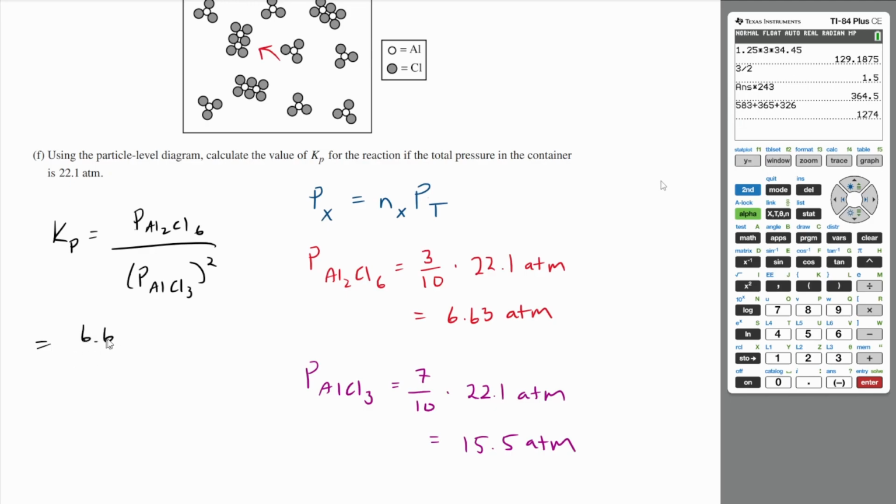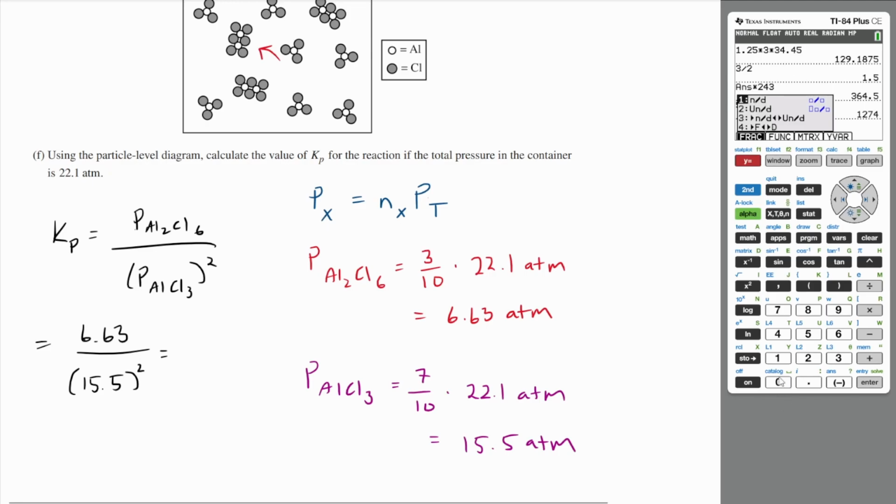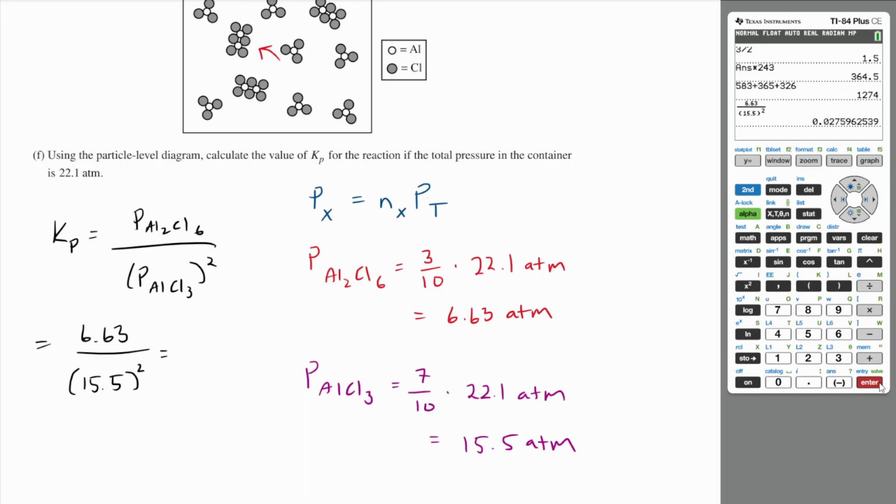So 6.63 over 15.5 squared, and let's do that out. That is about 0.0276. And that is your answer. That is the Kp. And that was question 2.